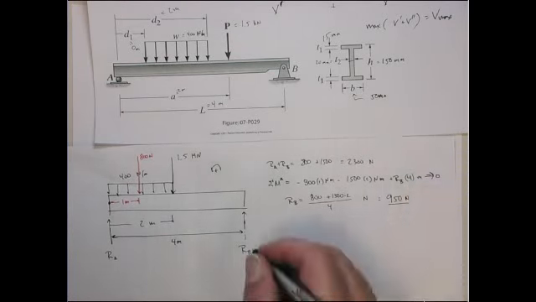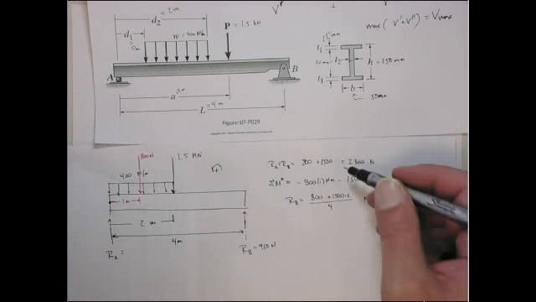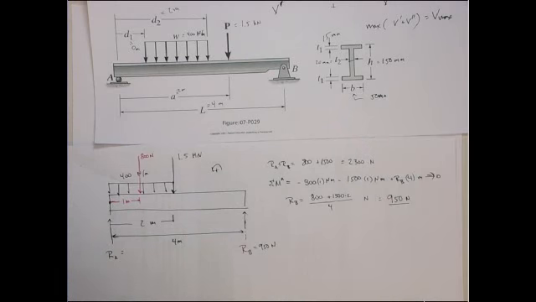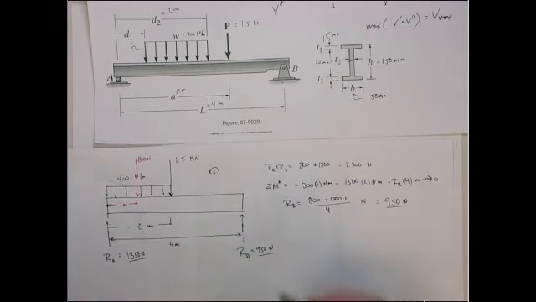Hmm, 1,500 times 2 plus 800 times 1 is 3,800, divided by 4 gives 950 newtons. And then RA is going to be 2,300 minus that, which is 1,350 newtons. Okay? So those are the reaction forces.